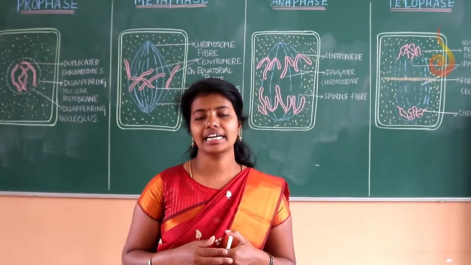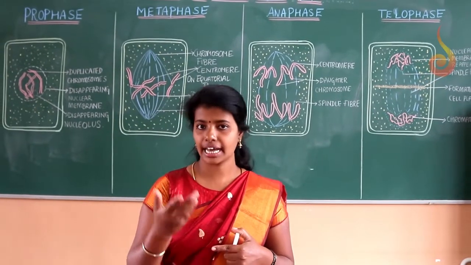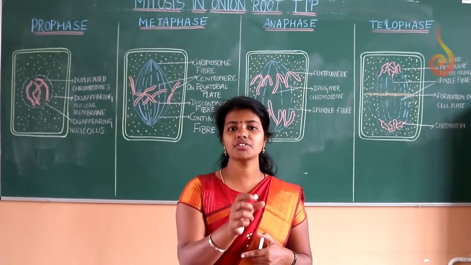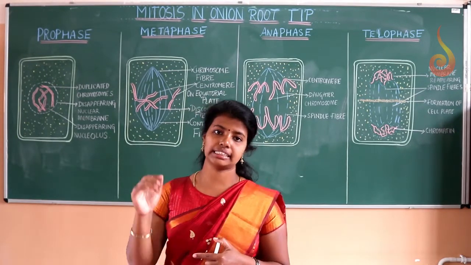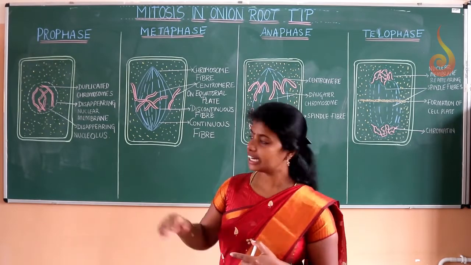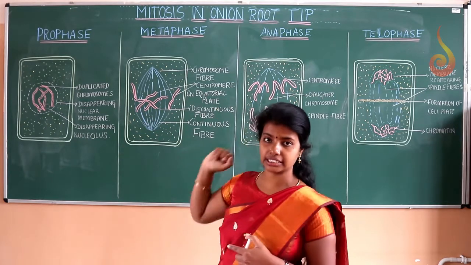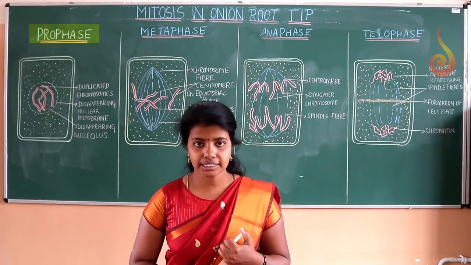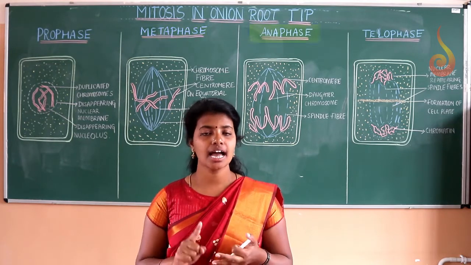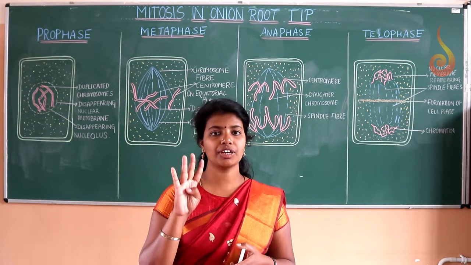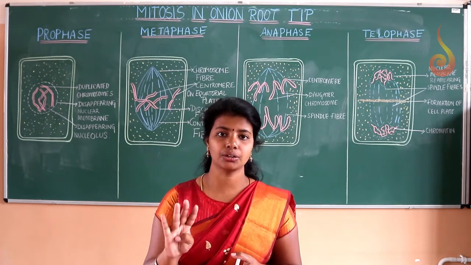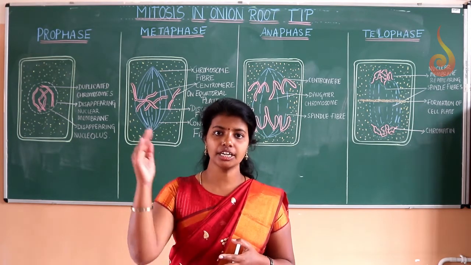Now let me take karyokinesis. Already I have defined it. It is division of nucleus. Now division of nucleus in the case of mitosis involves 4 stages: prophase, metaphase, anaphase and telophase. The 4 phases of mitotic karyokinesis are in order.